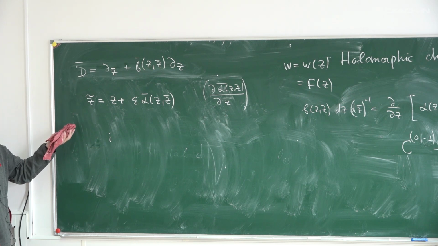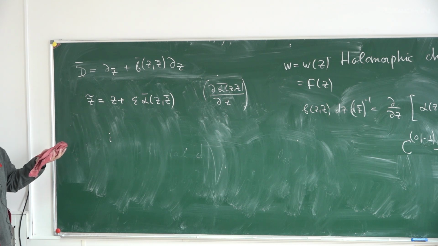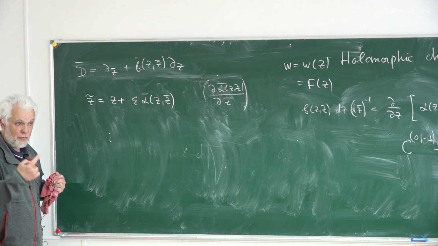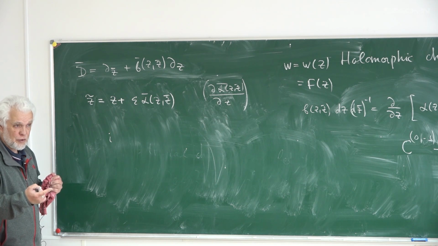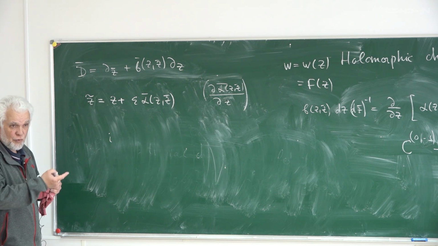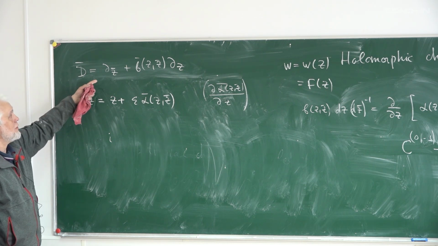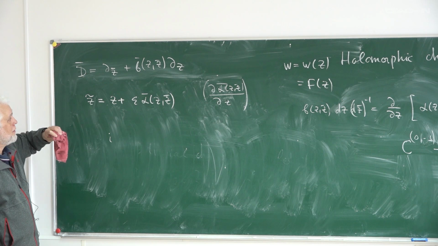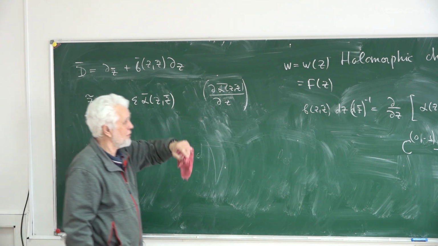Okay, it's a complex structure. What does complex structure mean? Multiplication by I, or equivalently, you have Cauchy-Riemann equations, you agree. But if you have non-isothermal coordinates, the Cauchy-Riemann operator has this form. Okay? So we proved the following statement.